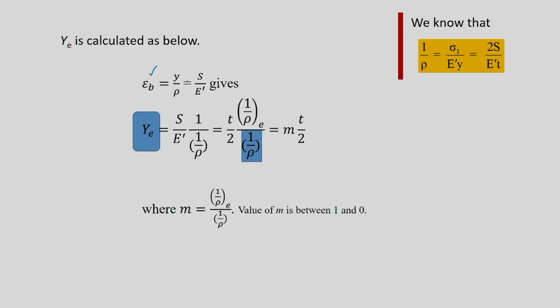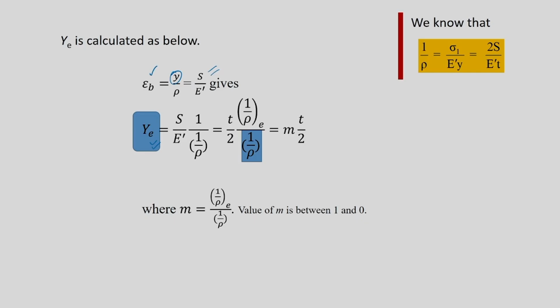So this y by rho is nothing but S by E dash. From this we can get this y, which is my YE, if we put some condition to it.